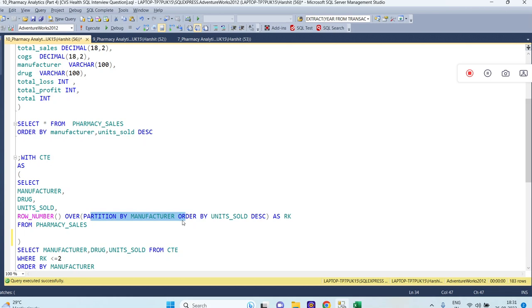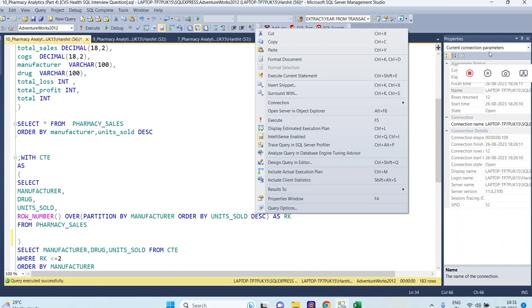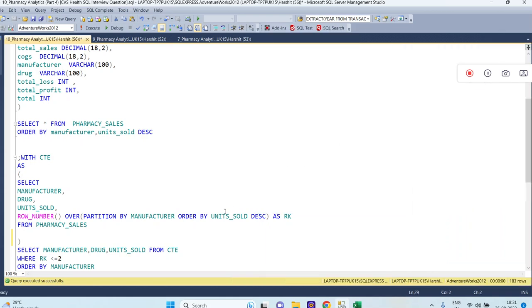So we need to do partition by manufacturer, order by units sold. Top two means highest, so highest will become first, then second highest will become second, like that. So order by units sold, descending order.